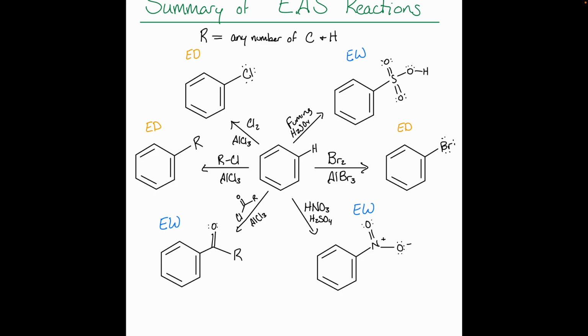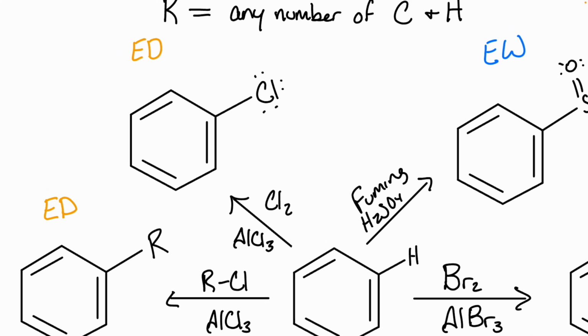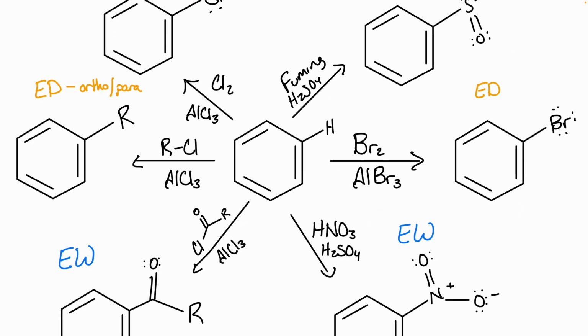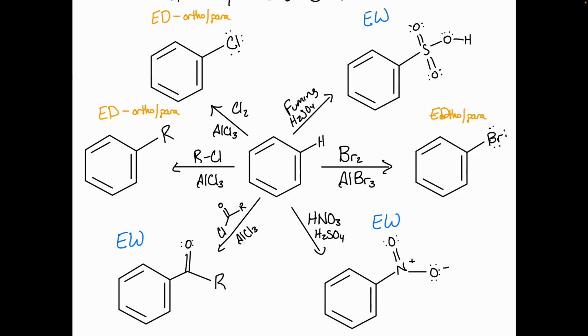Okay? And remember, what's the real consequence of being an electron donating group is that you are what we call ortho-para directing. So everything that we just labeled as being electron donating, these are ortho-para directors. And what about our electron withdrawing groups?